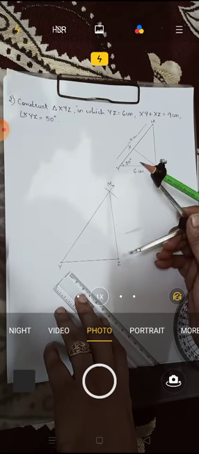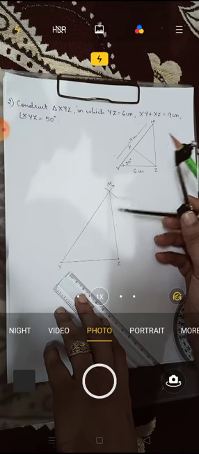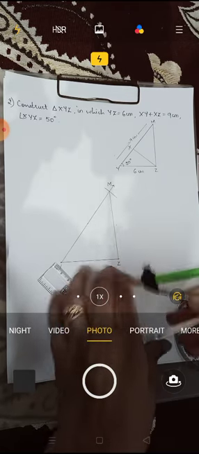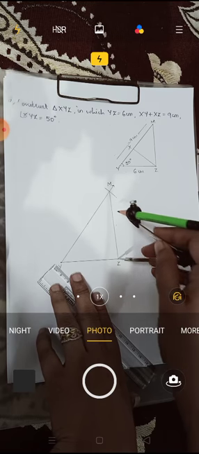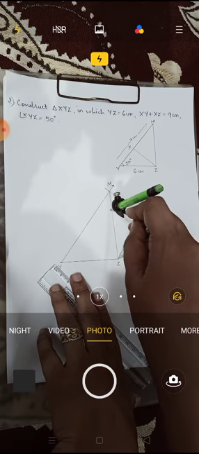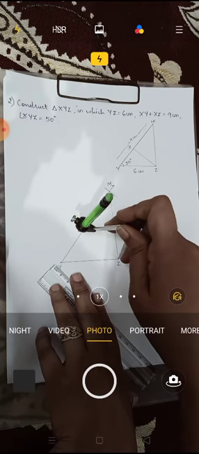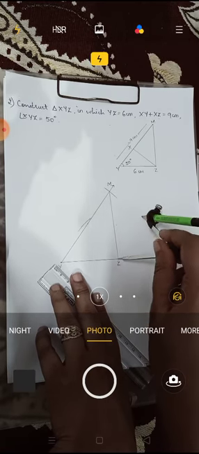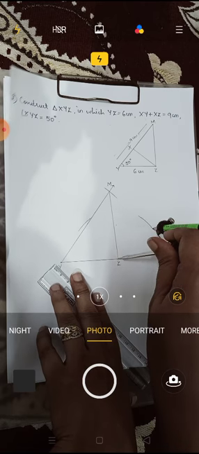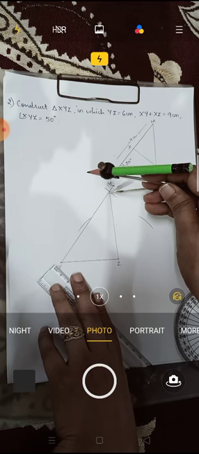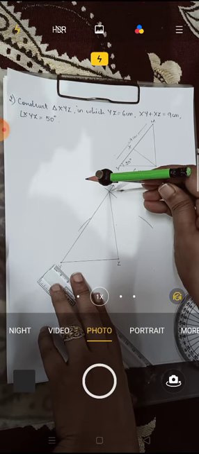Now we'll construct the perpendicular bisector of segment MZ. Take more than half. Now cut the arc.